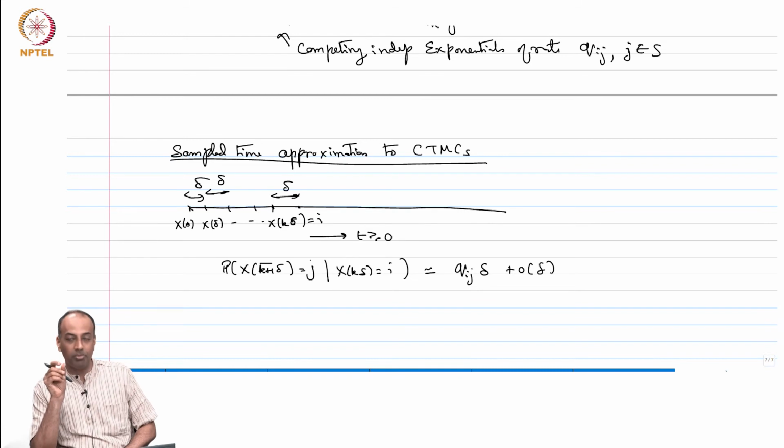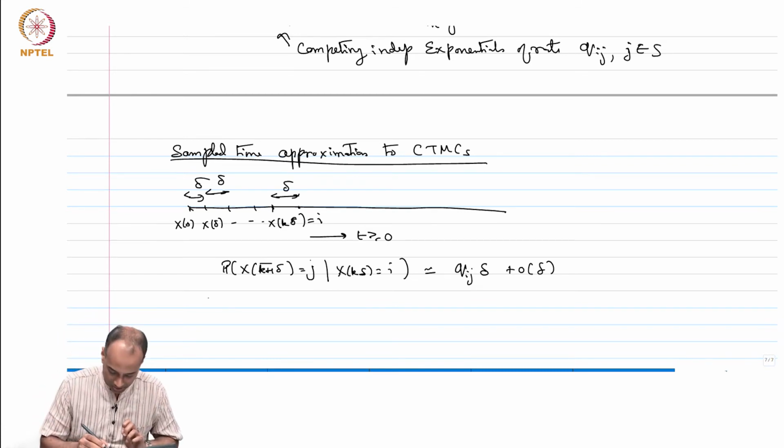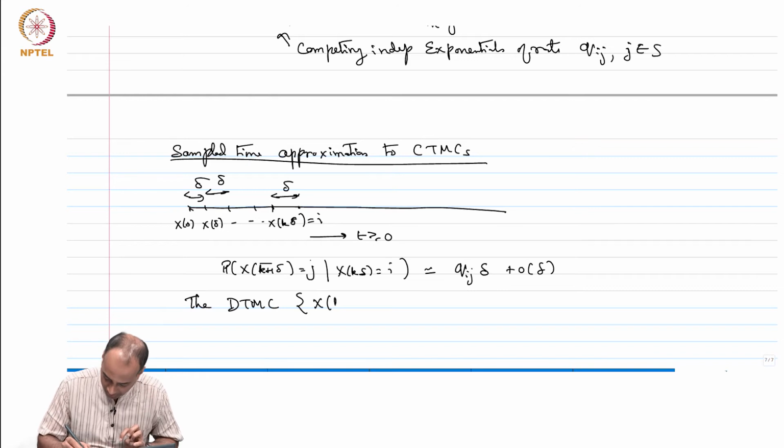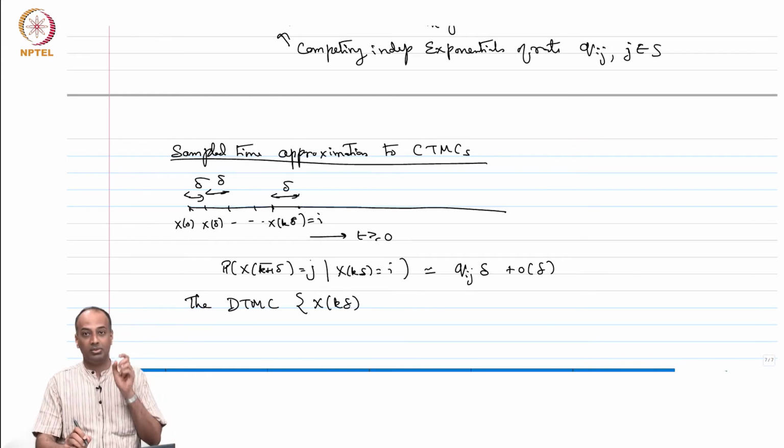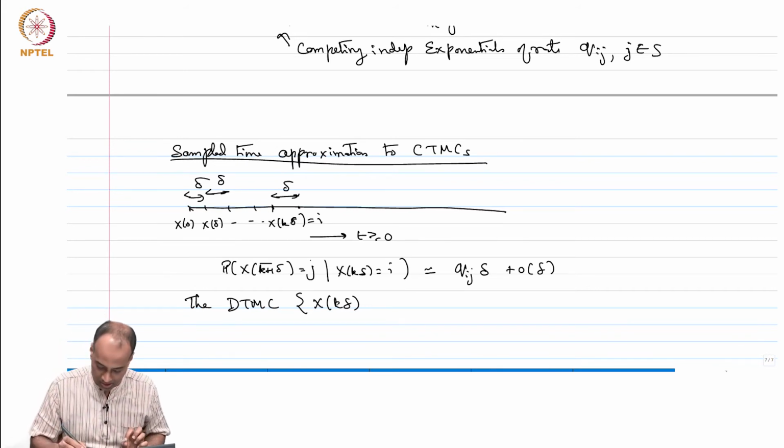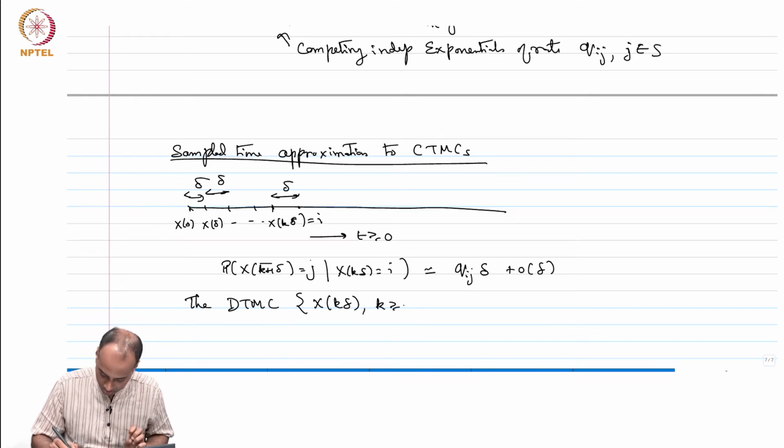So, you can view the DTMC, which is the process X of k delta. Remember, X of t is the CTMC, and I am looking at the CTMC at these k delta intervals, where k takes non-negative integer values, let me write it as Z plus.